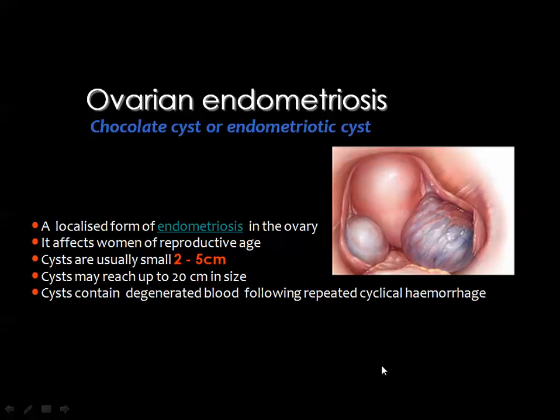Then one of the hemorrhagic cysts occurring in the ovary is the ovarian endometriosis or the chocolate cyst or the endometriotic cyst. And this cyst will appear due to the presence of ectopic endometrium within the ovary, and the cyst is usually small in the range of 2 to 5 centimeter but may reach up to 20 centimeter in size. The cyst contains degenerated blood following repeated cyclic hemorrhage.